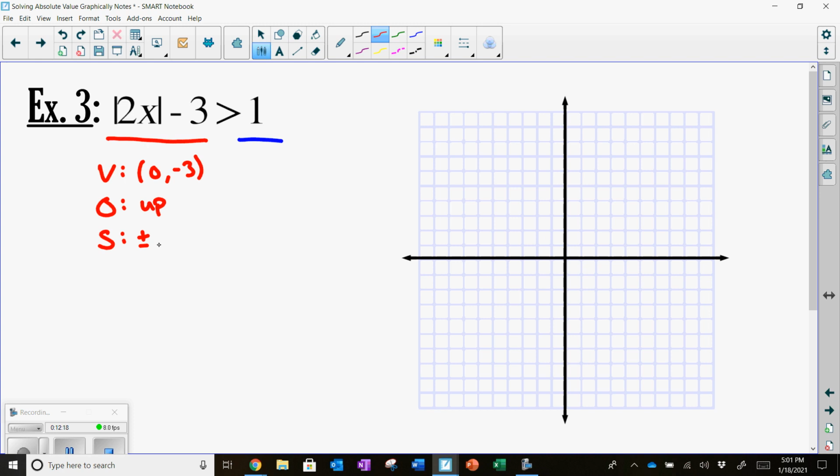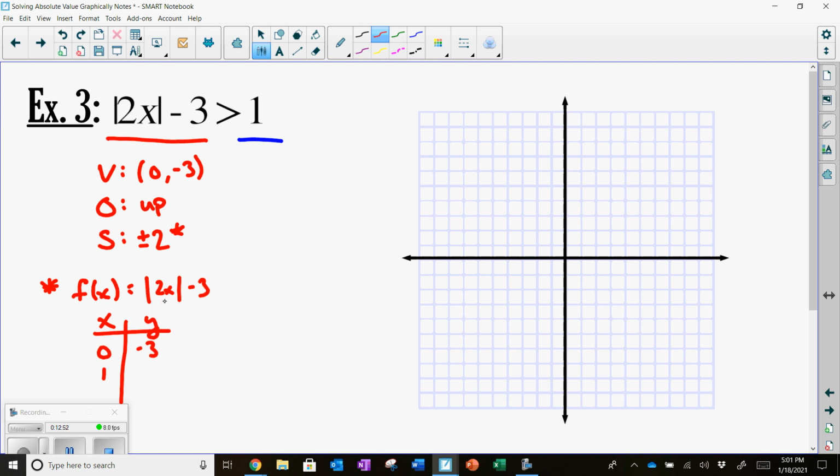Now, you might be asking yourself, why would it be 2? There's a 1 there, so shouldn't the slope be 1? Well, there's a 2 right here. So let's do a t-chart just to make sure. Let's assume this was f of x equals the absolute value of 2x minus 3. I know the vertex is located at 0, which gives me an output of negative 3.